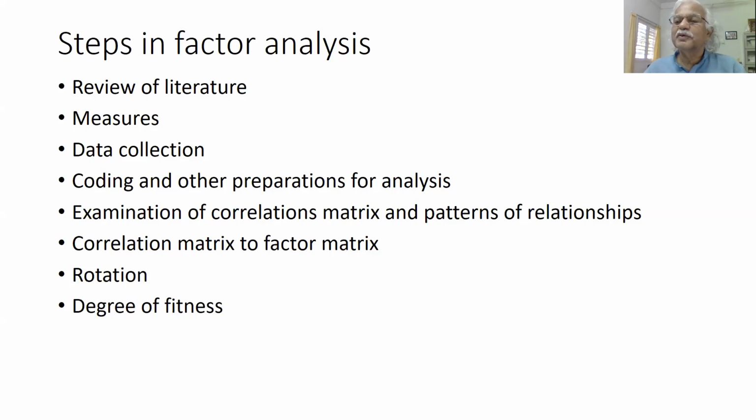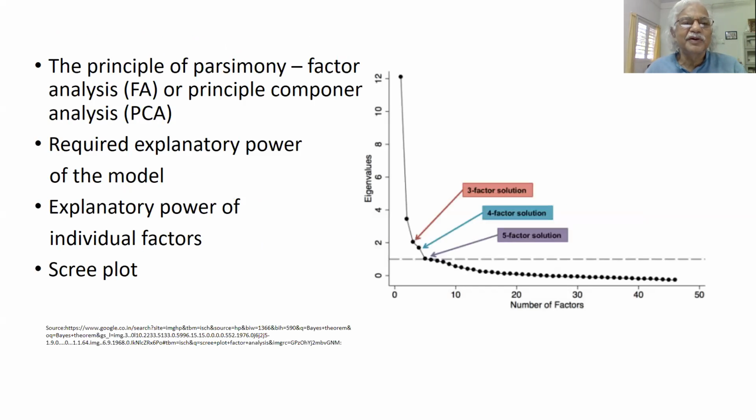Then there is a concept of rotation, and finally you check to what extent, if you have fitted a model in which you conceptualize some latent variables and observed variables, whether that model actually fits the empirical data or not.